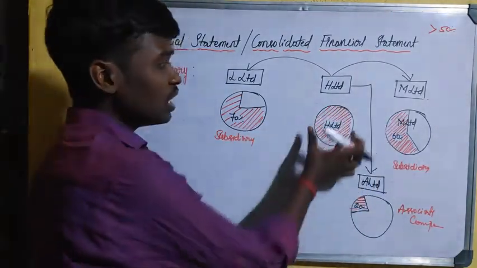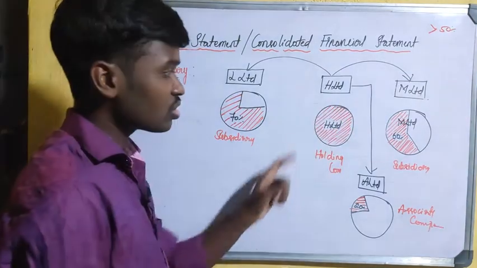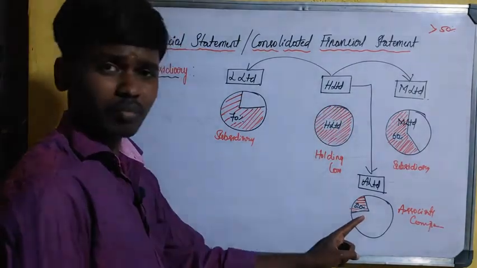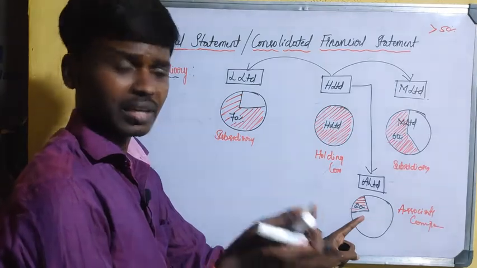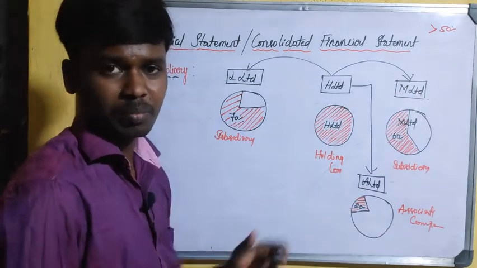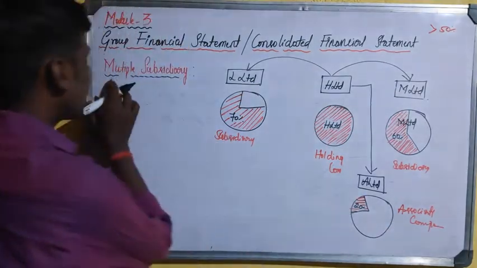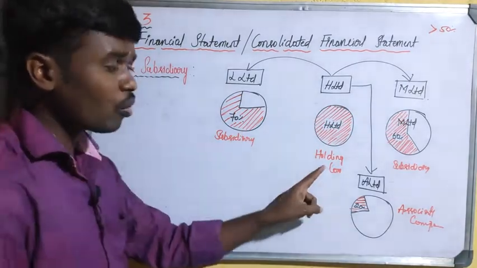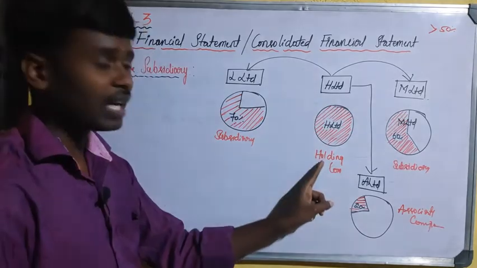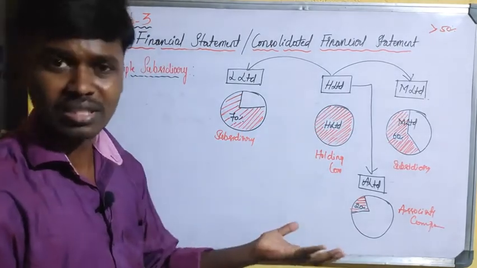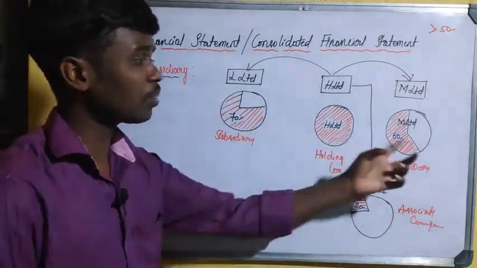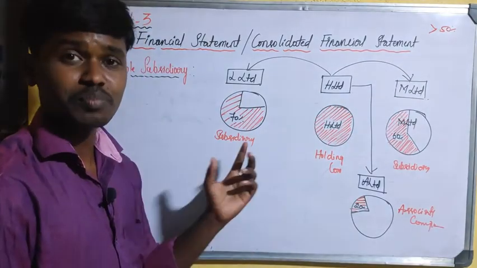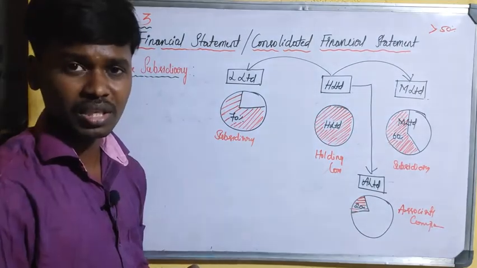So while preparing the consolidated financial statement, it will ignore the balance sheet, expense statement and cash flow statement of the associate company. So multiple subsidiary company means when one holding company, that is the parent company, has more than one subsidiary company, then those companies will be called subsidiary companies or multiple subsidiary companies.